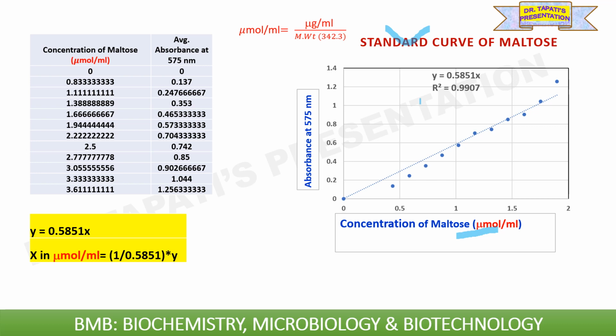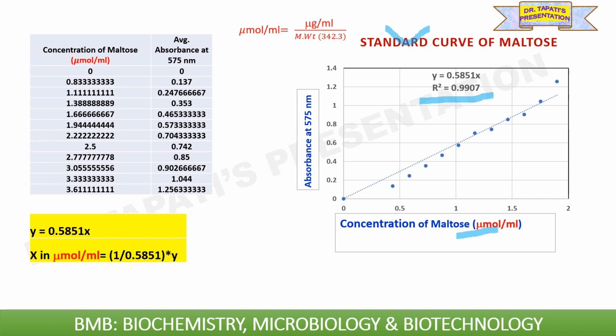We found this equation where y is equal to 0.5851x, where y is absorbance and x is the concentration of maltose.